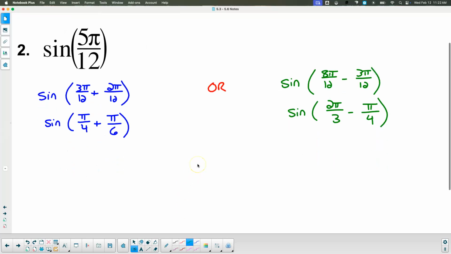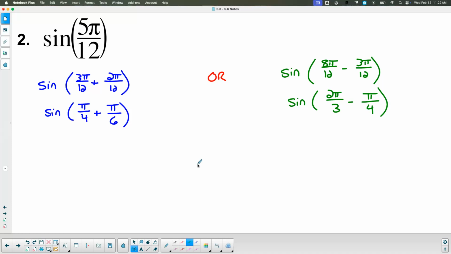Sine is number 19 now on there. So we've got the sine of pi over 4 times the cosine of pi over 6. The operation in between is the same, so that's plus. Then cosine of pi over 4 times sine of pi over 6.